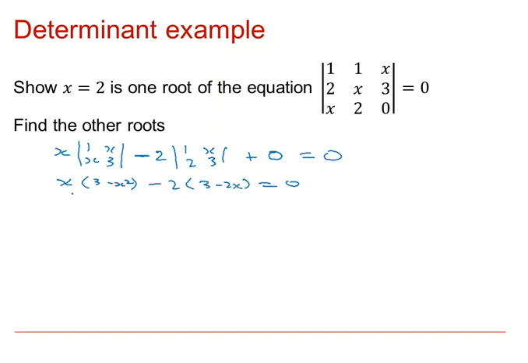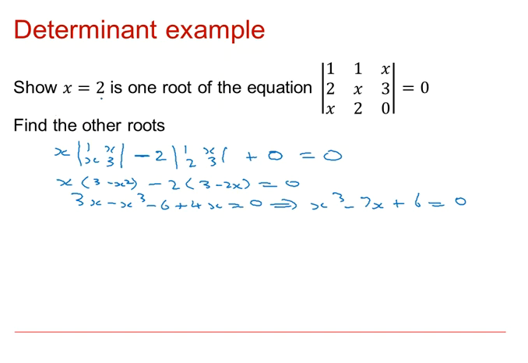So expanding the brackets, we get 3x minus x cubed minus 6 plus 4x is 0. And if we rearrange it, we can get it in the more helpful form of x cubed minus 7x plus 6 is 0.